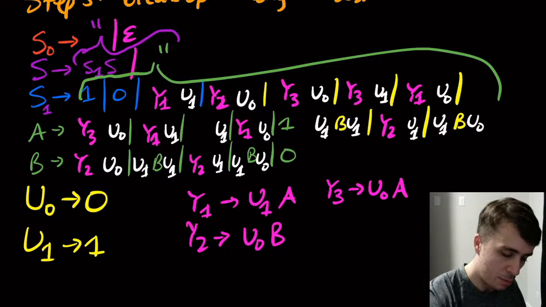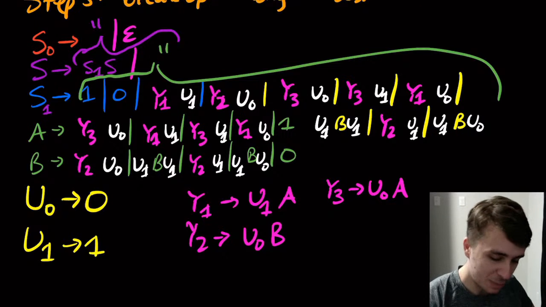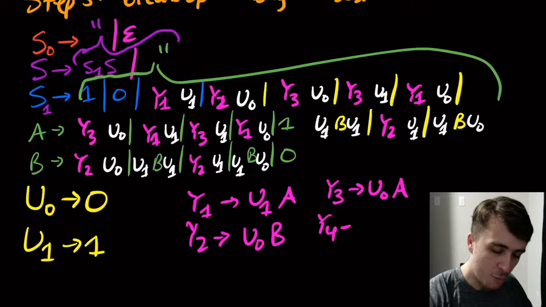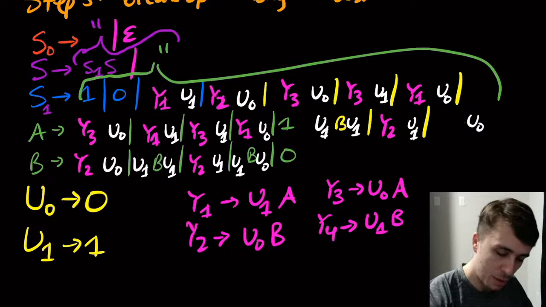So Y3, Y3. Yeah, it's a lot of replacements. Yeah, I agree. So then the final one will be Y4 making U1B. And so that one gets replaced there with Y4. And this one gets replaced. And then this one gets replaced. And I think that's it.